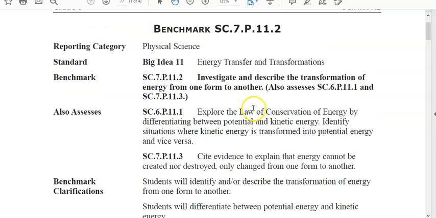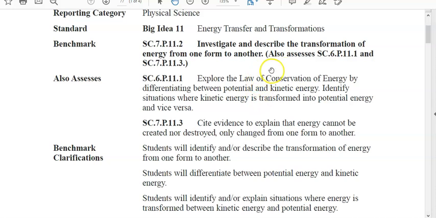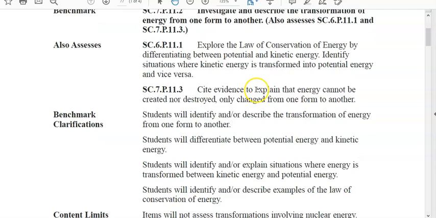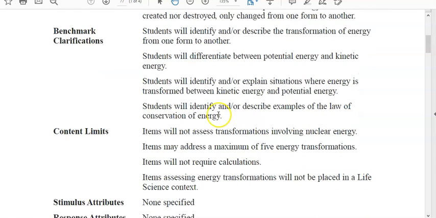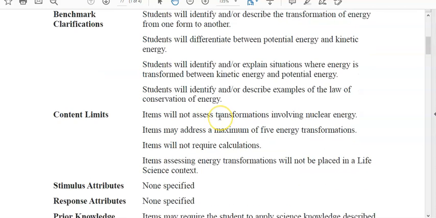So let's go ahead and scroll down and look at those. This standard is to investigate and describe transformations of energy from one form to another. And right here you'll see the benchmark clarifications: students will identify and/or describe the transformation of energy from one form to another. I know you can read the rest of these, but really the content limits are important.